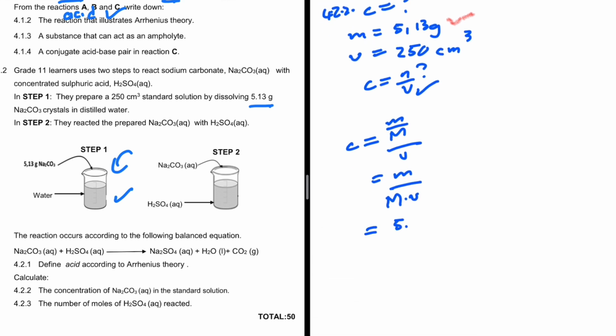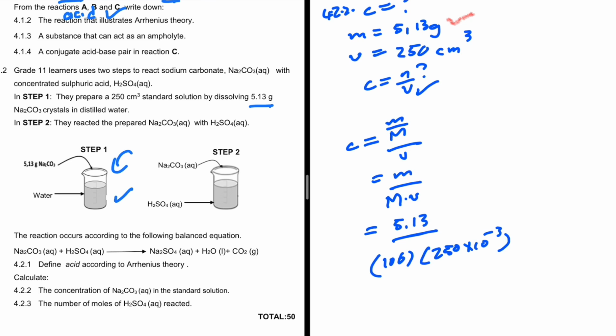So what is the mass? The mass is 5.13. And then the molar mass: sodium is 23, so we have 23 multiplied by 2, and then carbon is 12, oxygen is 16, you multiply that by 3, and we get 106, multiplied by the volume, which will be 250 times 10 to the minus 3.